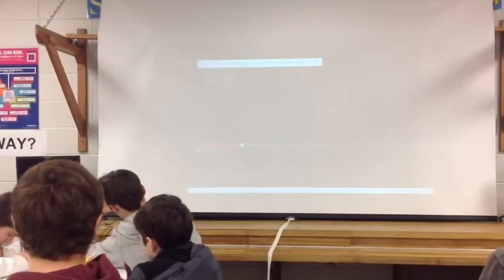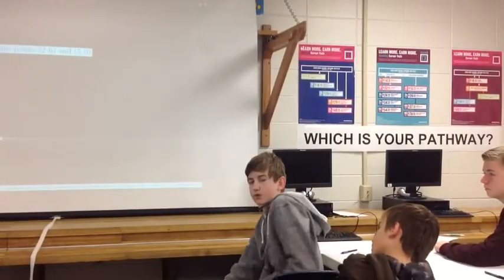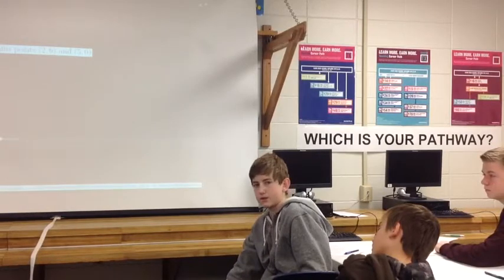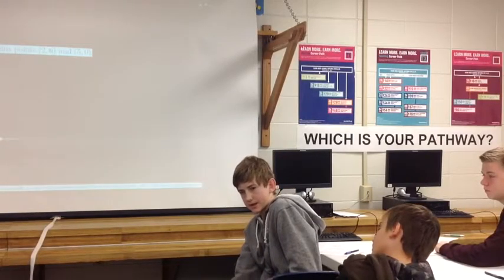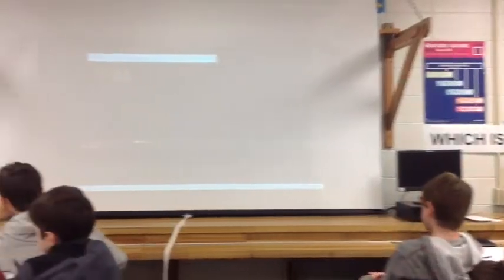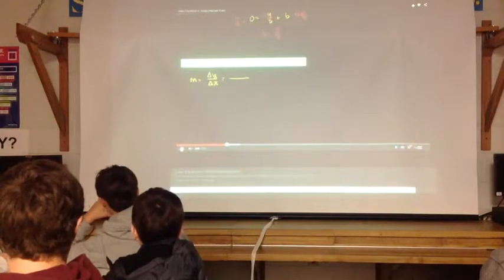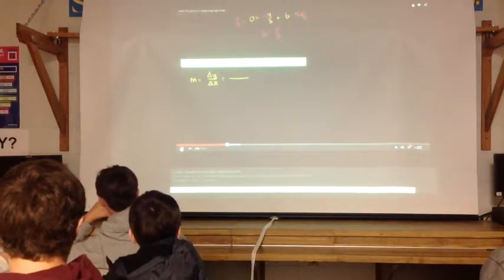How do you find the slope of a line? Cade? M equals y sub 2 minus y sub 1 over x sub 2 minus x sub 1. Good job. Over change in x, which is equal to, what is the change in y? Let's start with this one right here. So we do 6 minus 0.